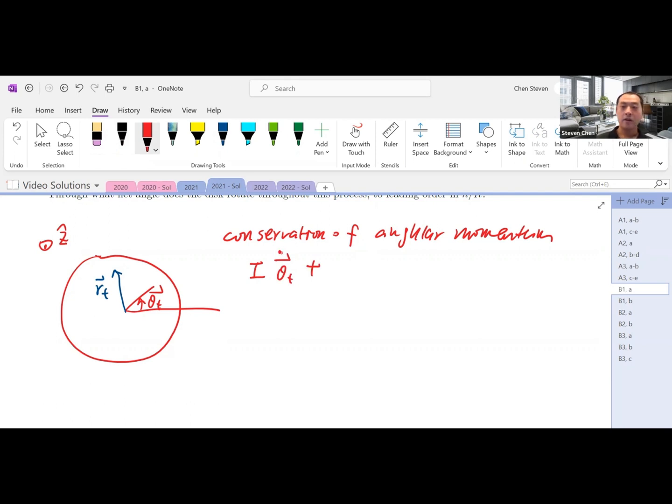And the angular momentum of the ant is equal to its mass times its position, cross its velocity. So this is always 0.